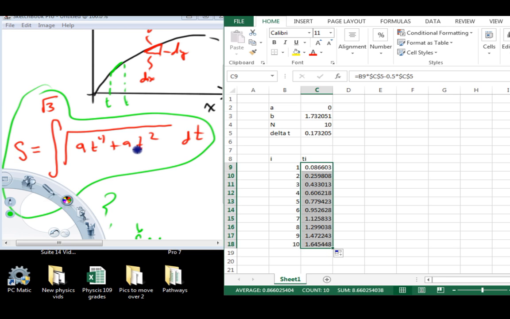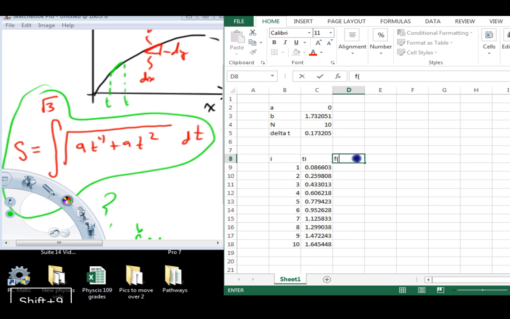Next thing I'm going to do now is calculate function values for this. F of t's are equal to, parenthesis, okay, 9t to the fourth. So how about 9 times t to the fourth power?